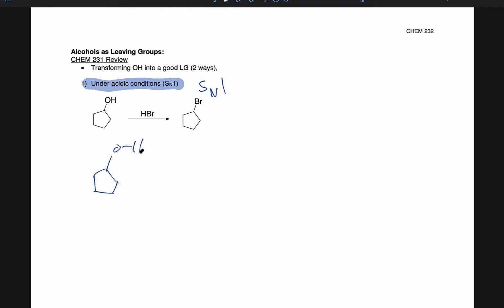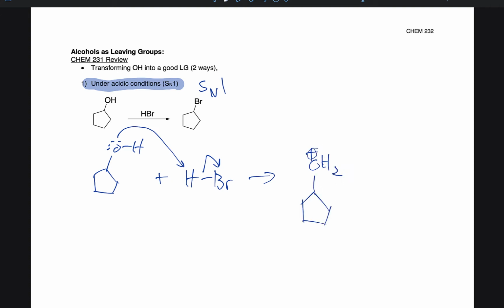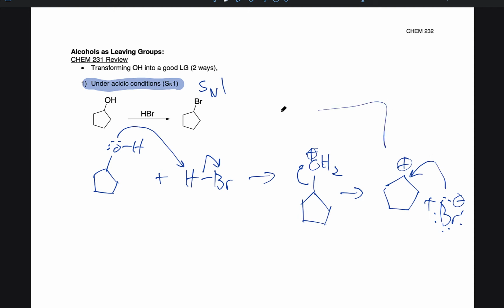We have OH plus HBr, we generate a hydronium ion, which leaves on its own to get our carbocation, and then for the final step, we have HBr or a nucleophile come in and attack that carbocation center to get to our product here. So with these SN1 conditions, some sort of polar protic solvent is probably also needed. It's one way to have alcohol leave as a leaving group.